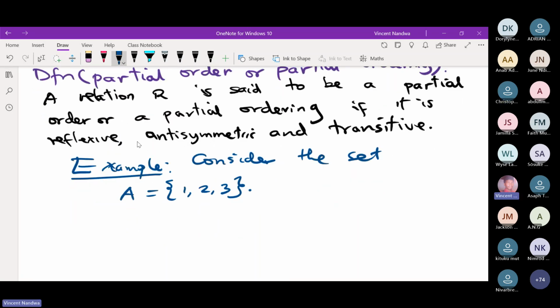Let's have a set with 3 elements, 1, 2, 3. Then consider this relation R1 from A to A with elements (1,2), (2,1), (1,3), and (3,1).